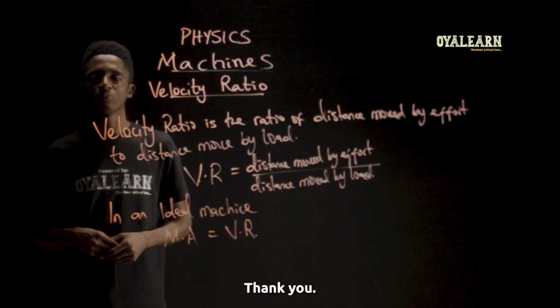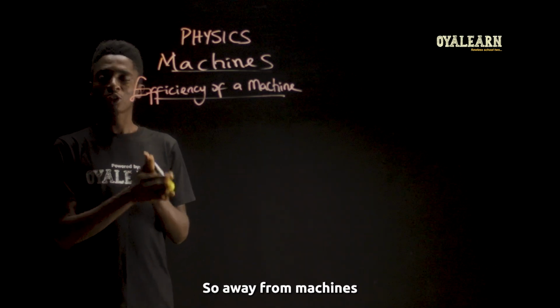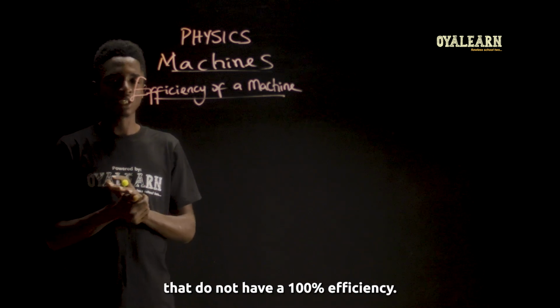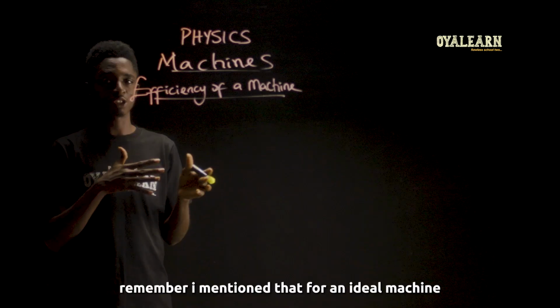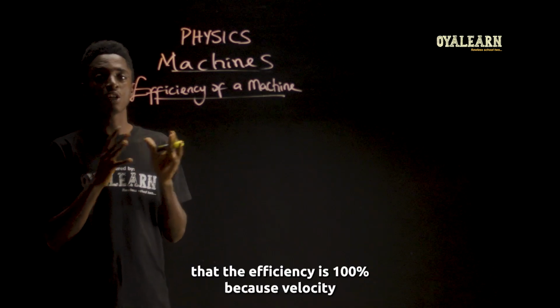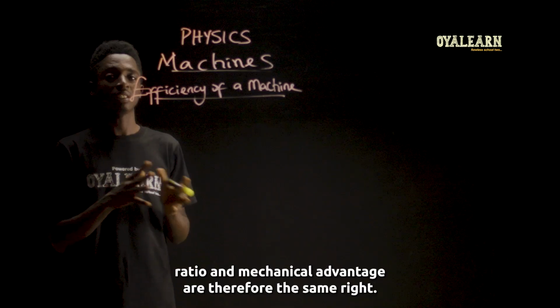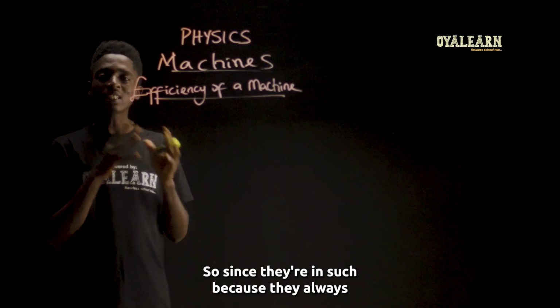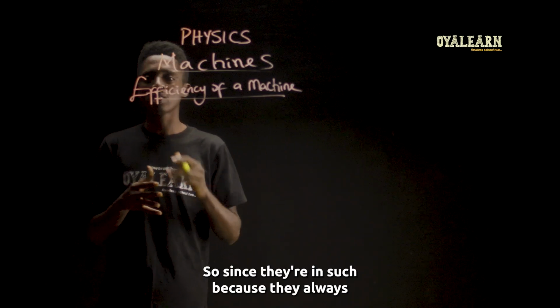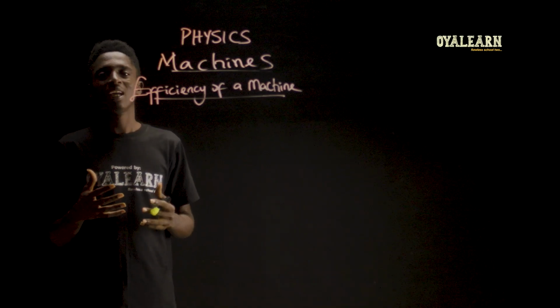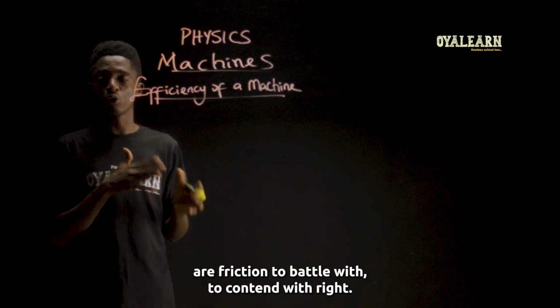So, away from machines that do not have 100% efficiency. Remember I mentioned that for an ideal machine the efficiency is 100% because velocity ratio and mechanical advantage are the same, right? Since there isn't such a machine, because they always have to work against friction, the moving parts have friction to contend with.